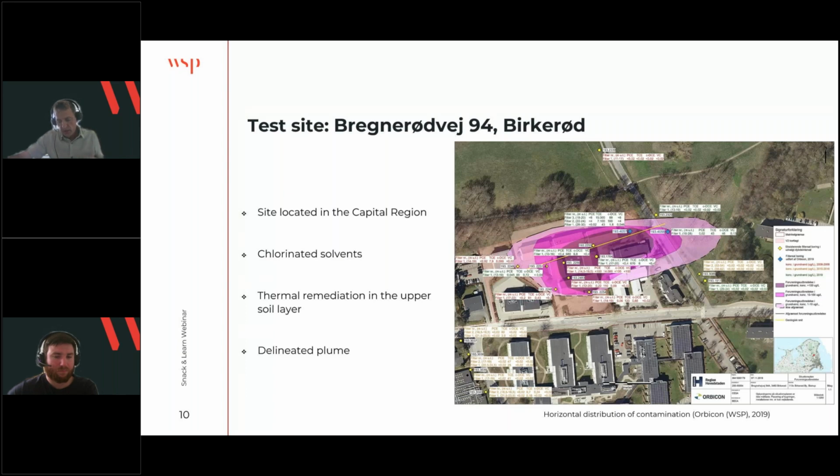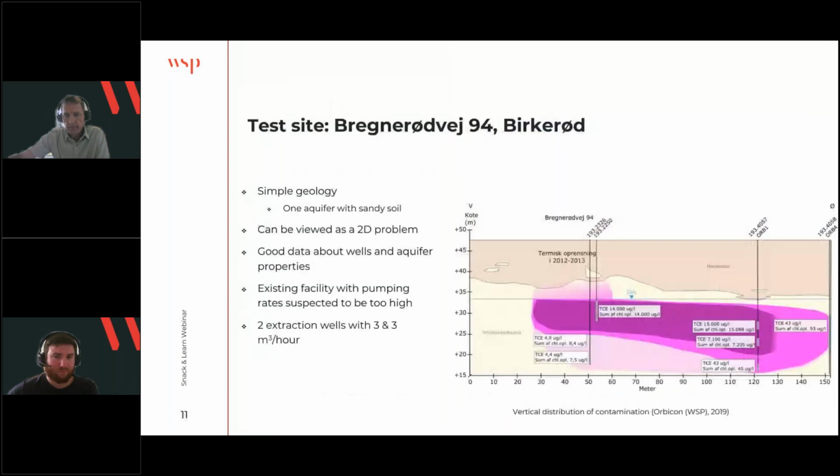Some years ago, there was a thermal purification of the upper soil layers, but also there's a heavy groundwater plume, and therefore pump and treat was established in the outskirt of this plume. On this figure, you see the horizontal distribution of the contamination. And this figure shows the vertical distribution in the groundwater.